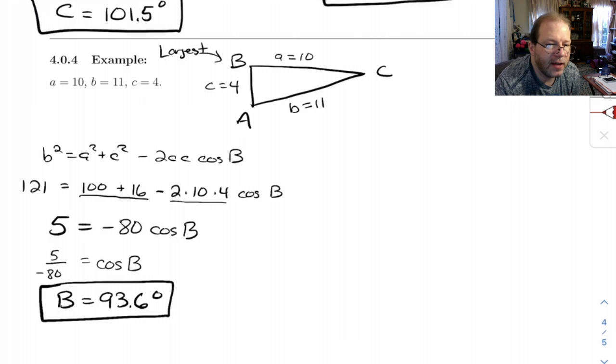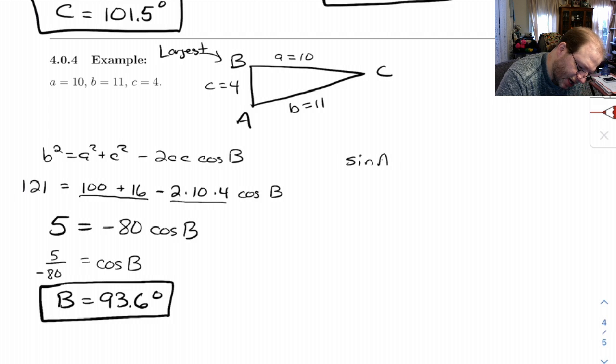So once I've got that, now we can find either one of these other angles. B is 93.6. I'm just looking at the triangle to see if that makes sense, and it does. Yeah. All right, 93.6.